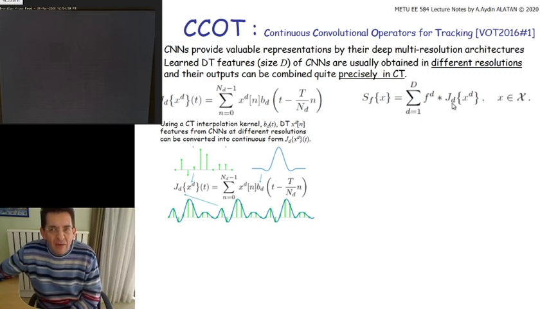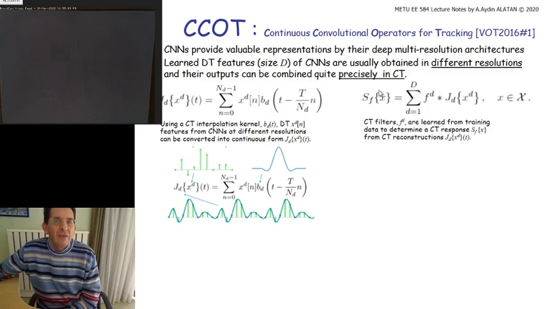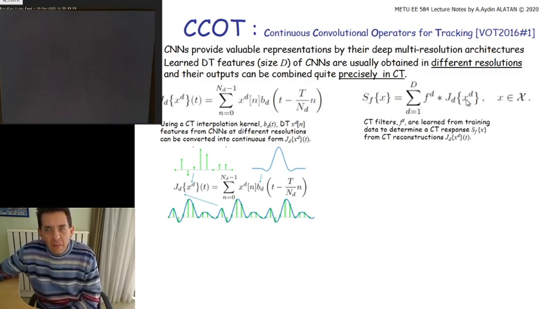Now, for the same given resolution D, this continuous result is convolved with a continuous time filter. This time, we are also trying to obtain a continuous time filter. These two continuous time signals are convolved for every resolution, and we obtain a continuous domain response. This is our continuous domain response for this input with this filter.